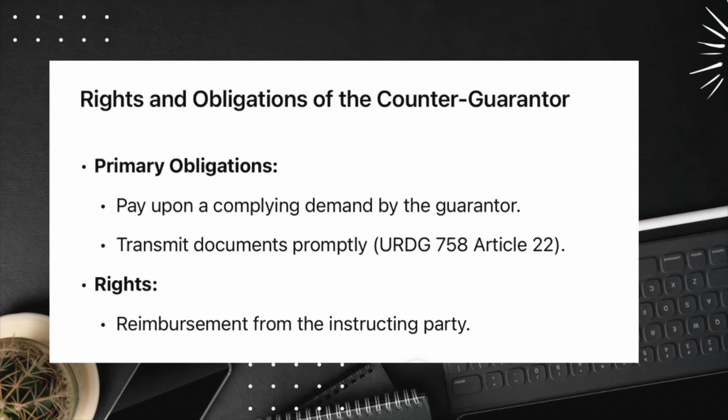URDG 758 outlines another important duty for the counter-guarantor. According to Article 22, the counter-guarantor must forward a copy of the complying demand and any related document to the instructing party without delay. This transparency helps everyone involved stay informed and aligned.